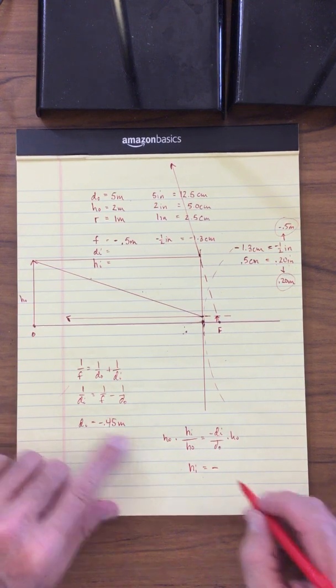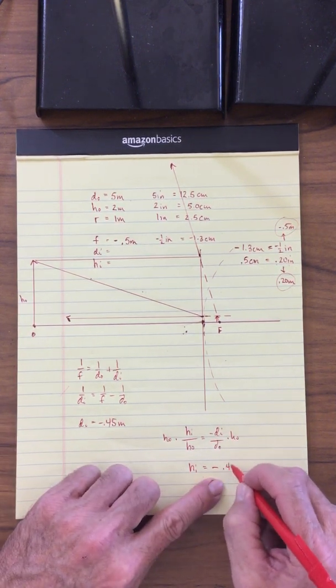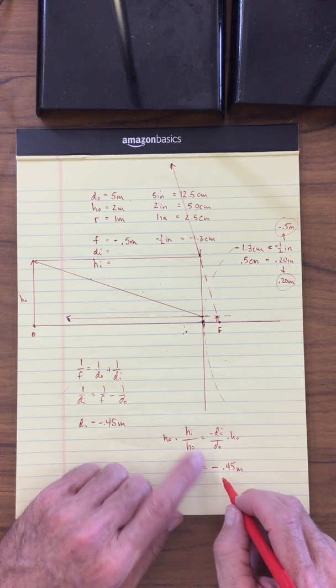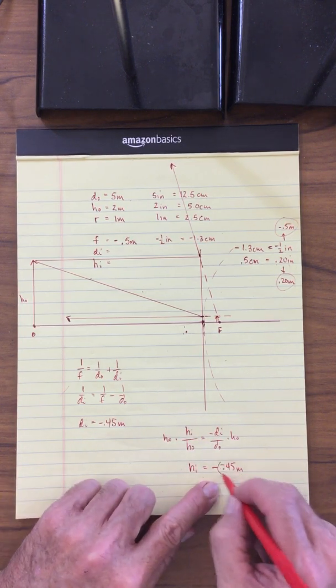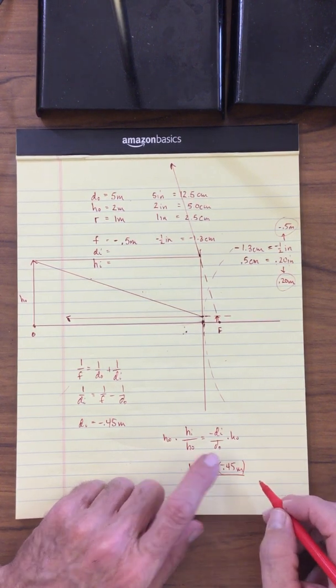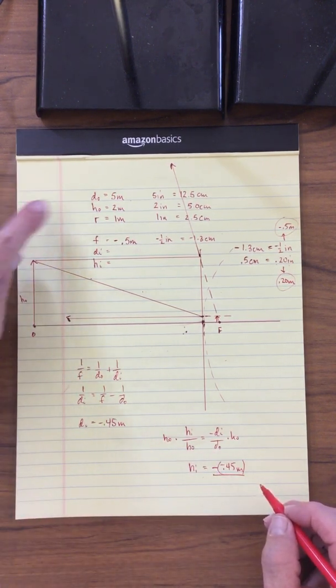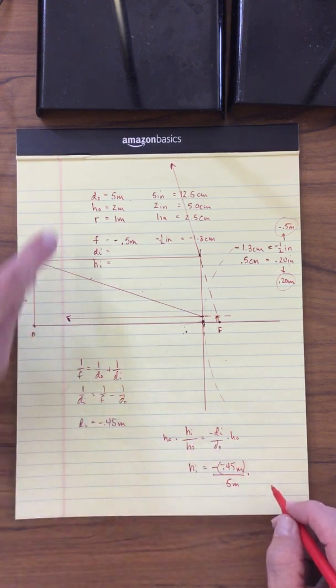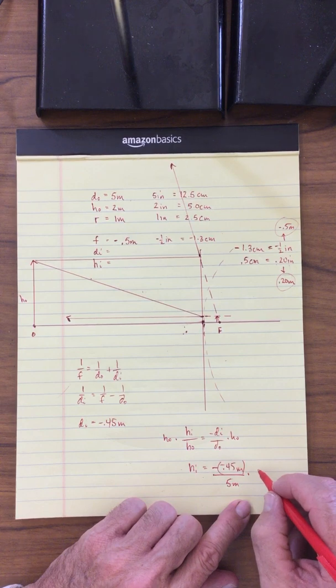So we just calculated this, minus 0.45 meters. Actually, it's a negative of that, so it's a negative 0.45, all over the distance of the object. Distance of the object is 5 meters, times the height of the object, which is 2 meters.